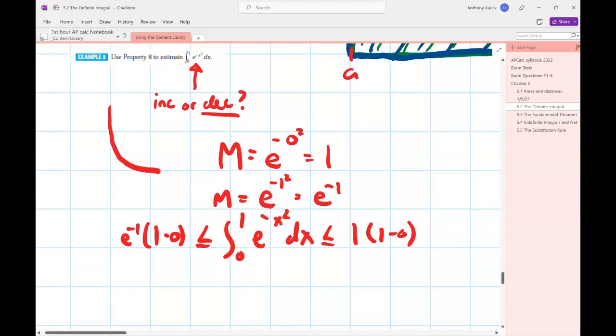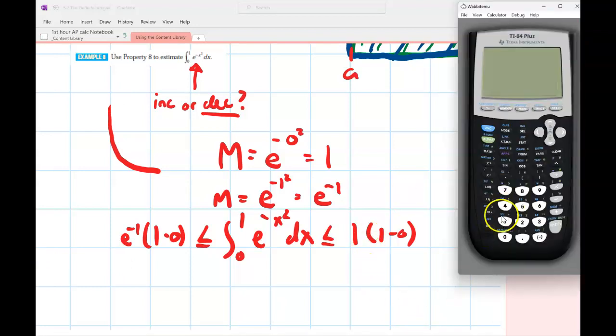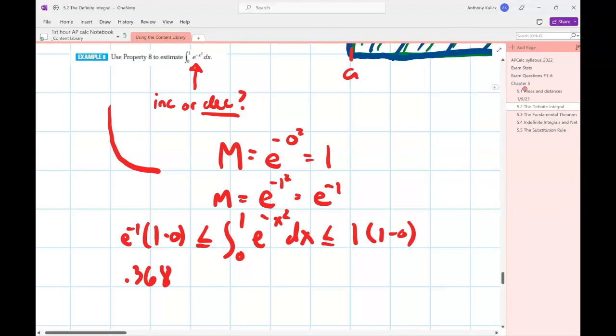And e to the negative 1, I guess I could give it as a decimal if I wanted to. So what is it? 0.369 or 0.368. That's 1. So that integral is bounded somewhere between 0.368 and 1.